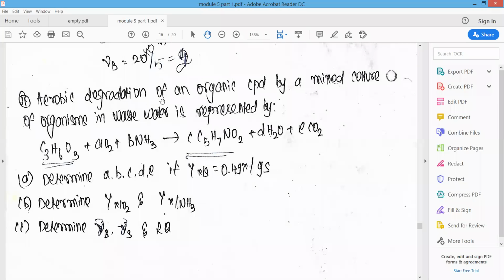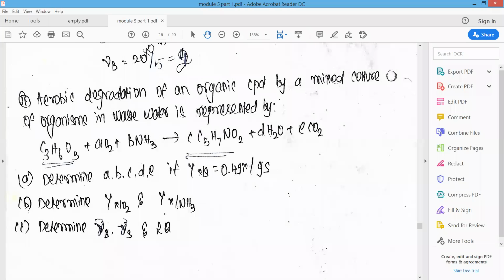So the aerobic degradation of an organic acid production by a mixed culture of organisms in wastewater is represented by C3H6O3 plus AO2 plus BNH3 gives C5H7NO2 plus DH2O plus ECO2.